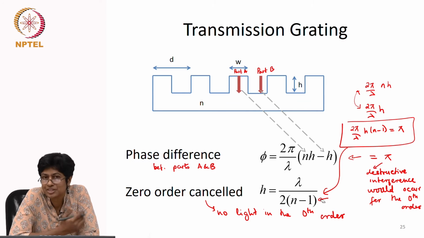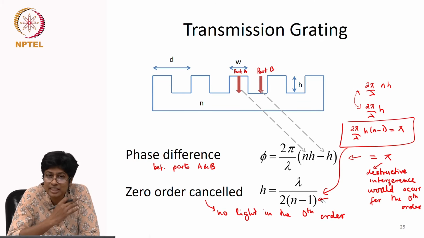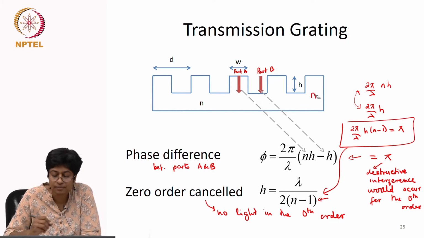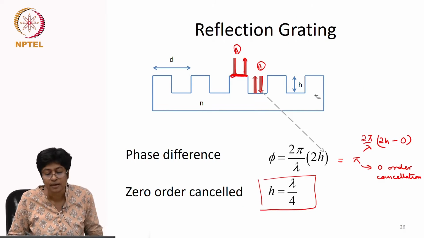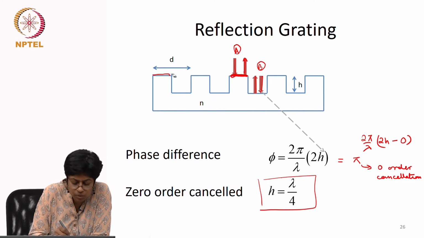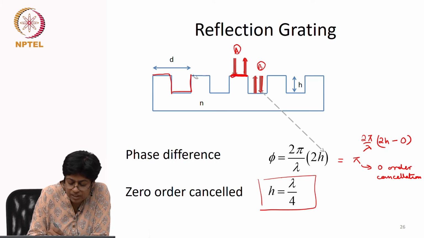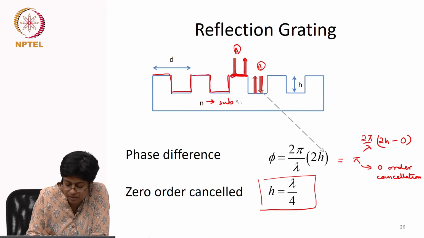Think about it. In the transmission grating, as the name suggests, the light is transmitting through the material. It sees this N. Whereas in the reflection grating, we have some reflection coating here. We are just using this material N as a substrate.